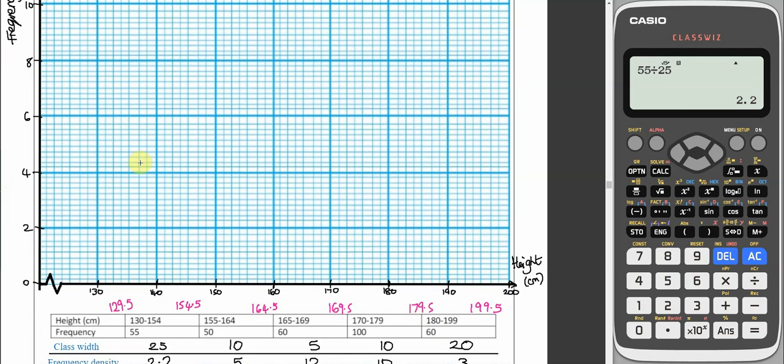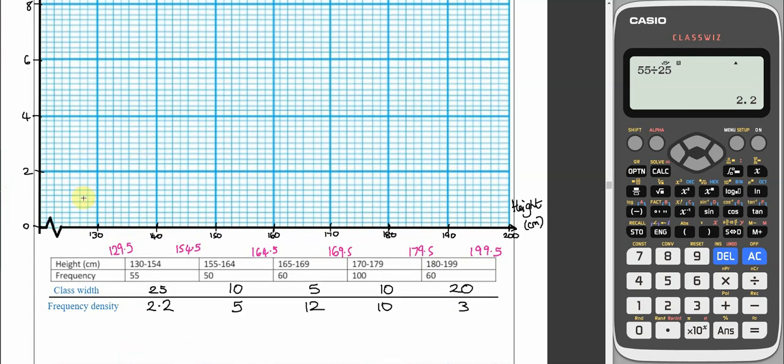On the horizontal axis, I counted there were 1, 2, 3, 4, 5, 6, 7, 8 big squares, and by considering the height data, I could use the whole of the graph paper. If I put 130 here and then go up in tens.